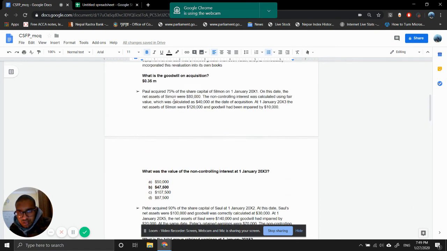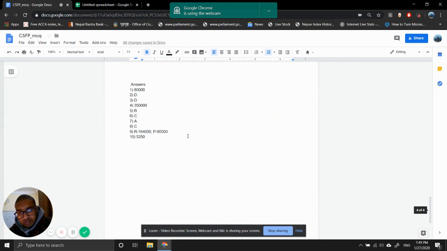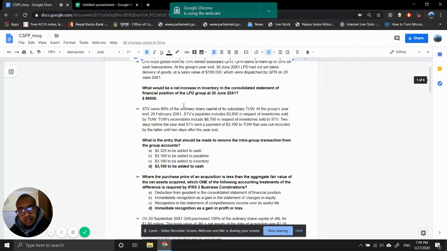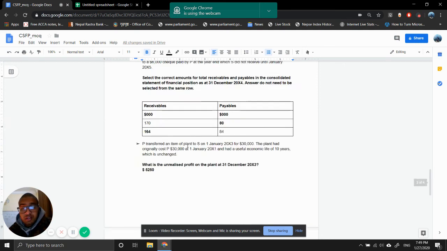So that should be our 0.35 into 1 million, so it should be 350. Then immediate recognition of gain or loss in profit or loss. That's what seems logical, so D. And for this as well, 3,100 to be added to cash, no doubt about that. And then net increase in inventory, 80,000. So this is basically how you solve this problem.